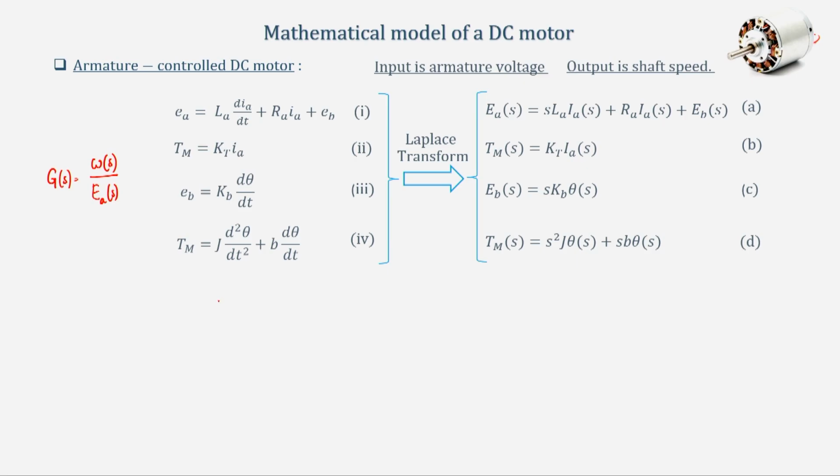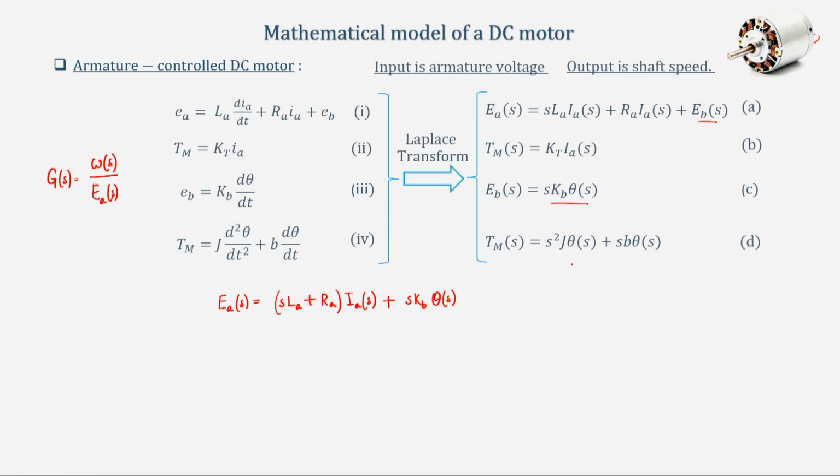Okay. So, here see from the first equation, Ea s is equal to (s La plus Ra) into Ia s plus Eb. Eb can be written as s Kb theta s.